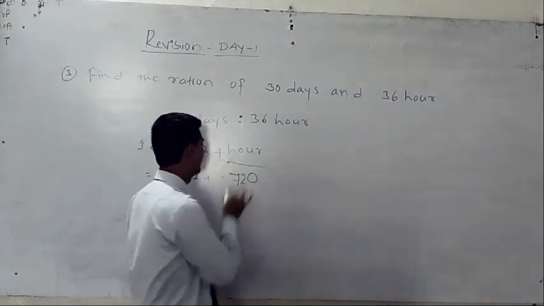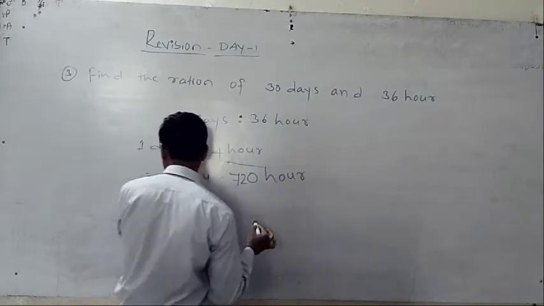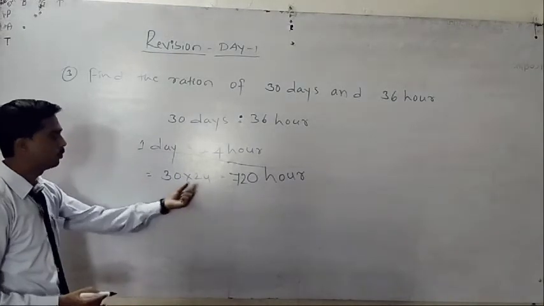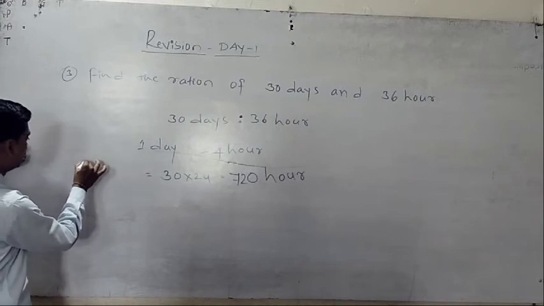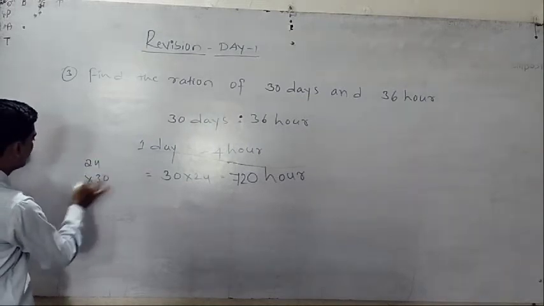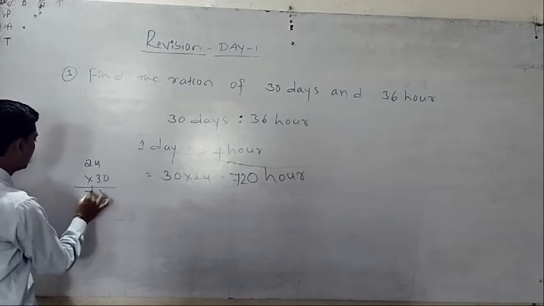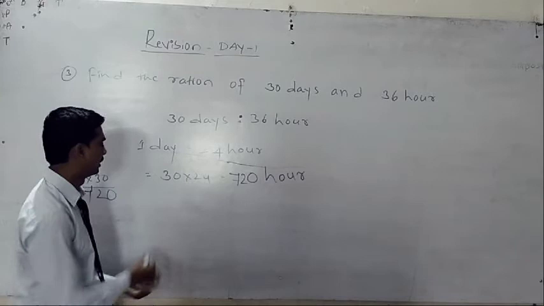It is 72 hours. Otherwise, sir, if we don't know the 24 table, you have to do it this way. 24 into 30, 3 fours are 12, 3 twos are 6 plus 1, 7, 720. This type you have to write.